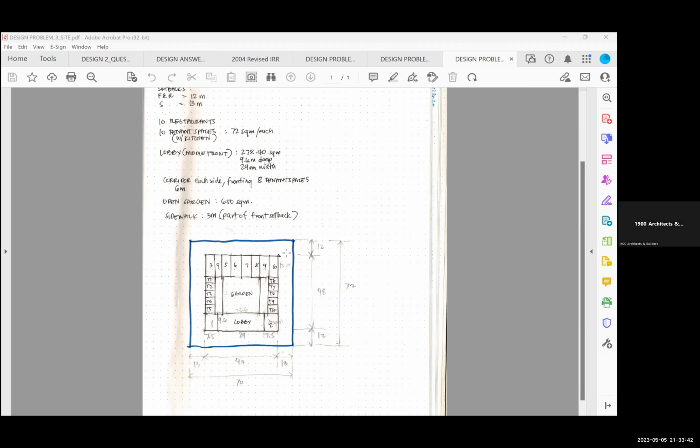Then he also mentioned 5 tenant spaces on each side.